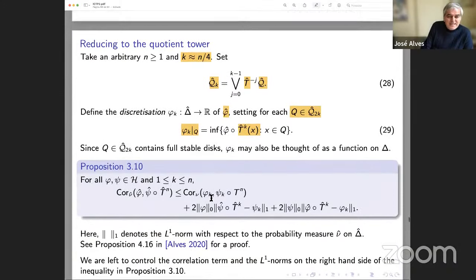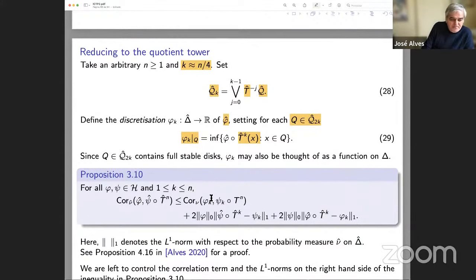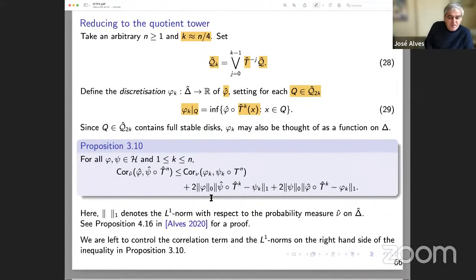So, let's start the reduction of the problem. This first proposition is a straightforward calculation. It takes one or two pages, but it has no significant ideas behind it. We can prove the following.